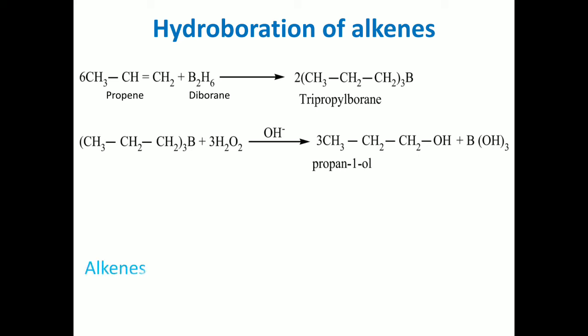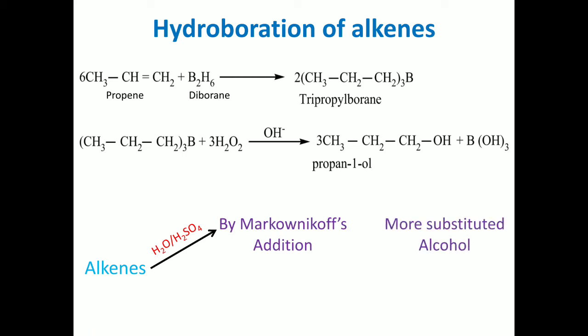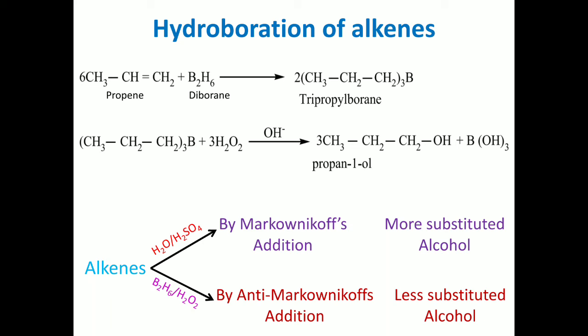So on acid hydrolysis, alkenes undergo Markovnikov addition and we can get more substituted alcohol. And on hydroboration, that is alkenes react with B2H6 followed by H2O2, it follows anti-Markovnikov rule and we can get less substituted alcohol as the product.